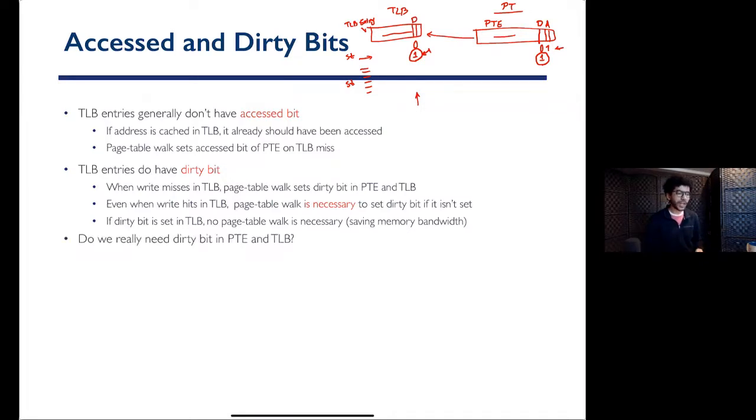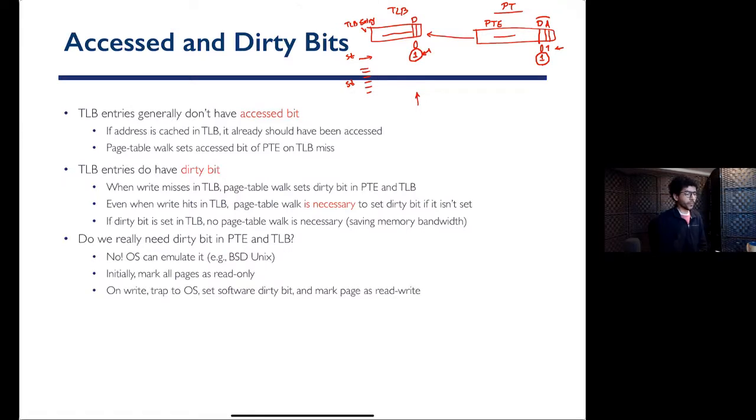Now, one question that you can ask is, do I actually need these 2 bits in my page table entry? As I said, these are the bits that are set by hardware to send a signal to the operating system. The answer is really no. We're just having them to speed things up, but in principle, we don't need them. So for example, for the dirty bit, the purpose is for the operating system to know that this page was written to.